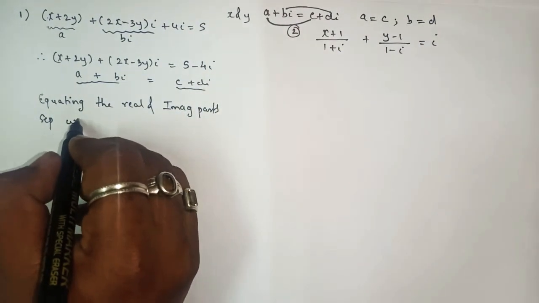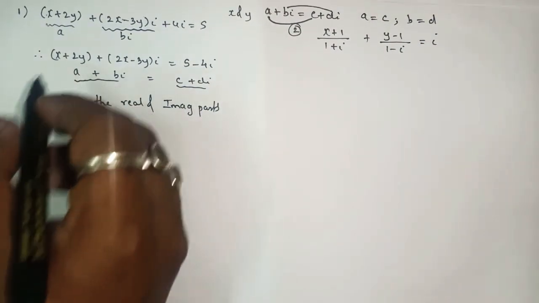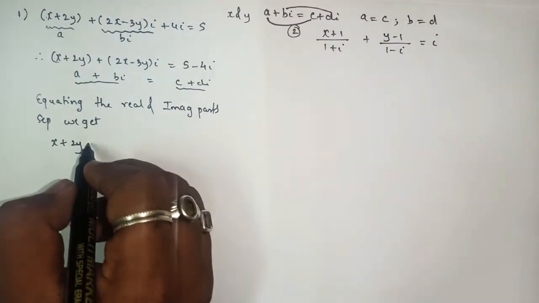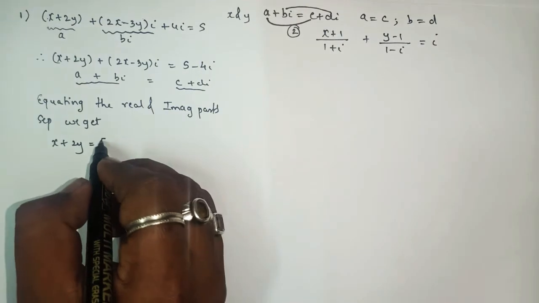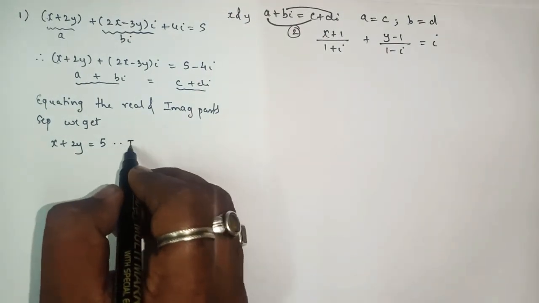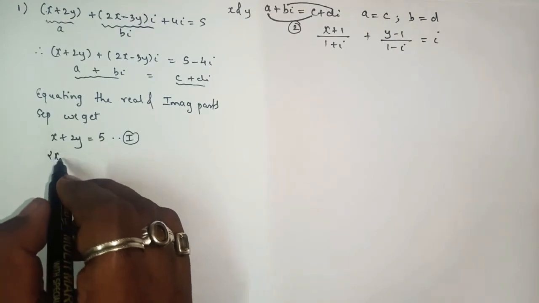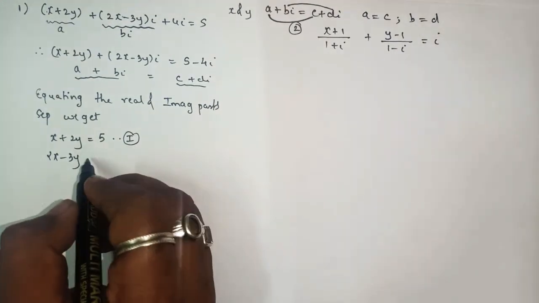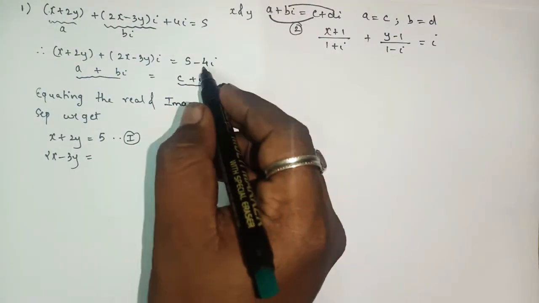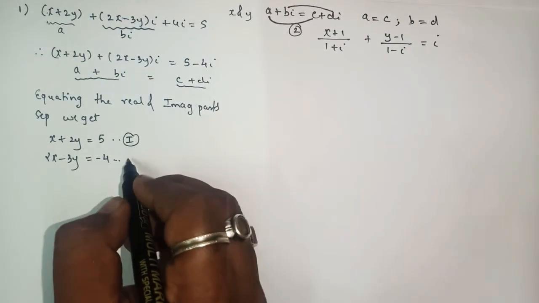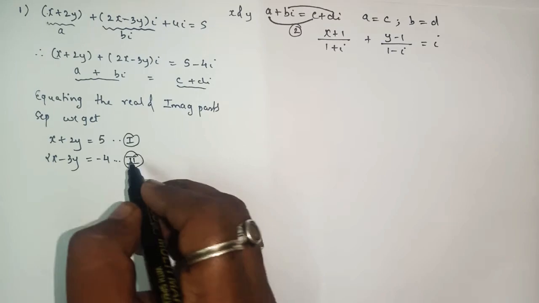So you will get x plus 2y, the real part, and on the right hand side the real part is 5, so we'll call this equation number 1. And here it is 2x minus 3y equals, in place of d, minus 4. We'll call this equation number 2.